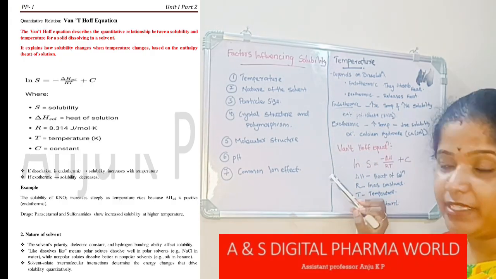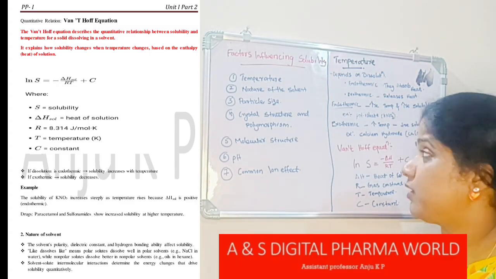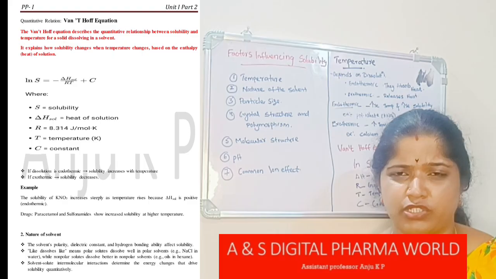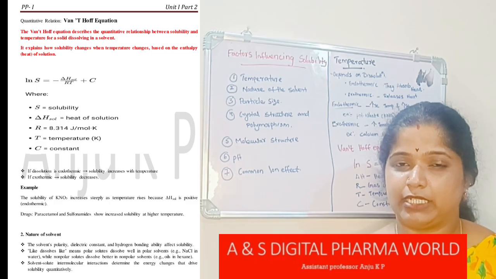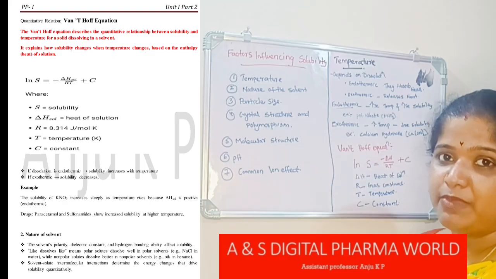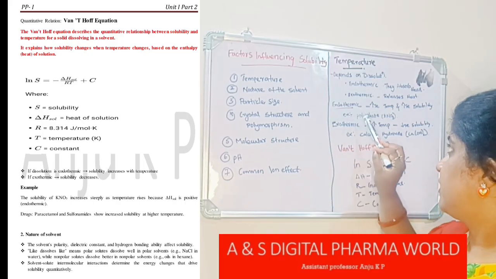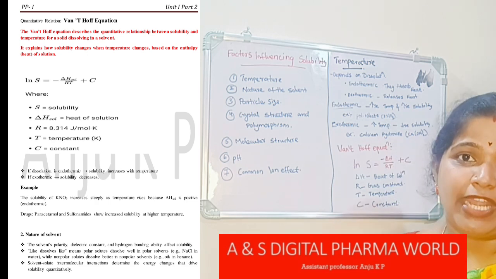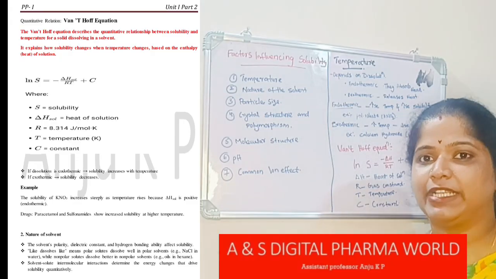In the case of an endothermic reaction, as the temperature increases, the solubility also increases. Take sugar solution as an example: in cold water, sugar takes time to dissolve, but in hot water it dissolves easily. Similarly, potassium nitrate is an example of endothermic dissolution; when we increase the temperature, its solubility increases.